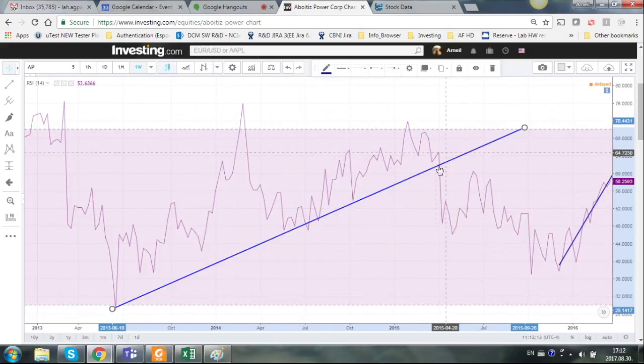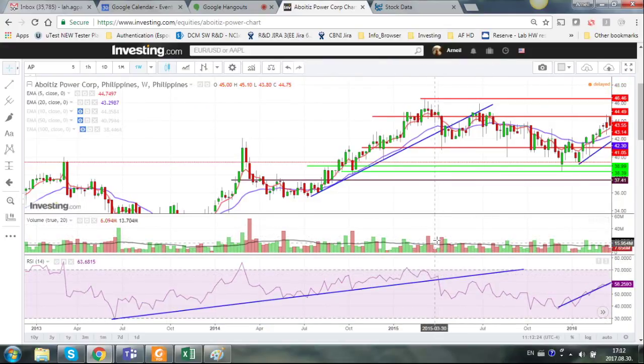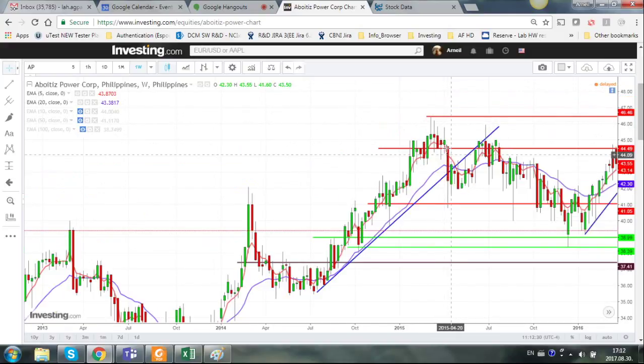Yan. Kung saan nag-break siya. So, nag-run out na siya ng gas pataas. Therefore, babalik na siya pababa. So, this point can be a point of selling, which is true at this. Na may malaking candlestick. So, selling point. Alright, so yan.